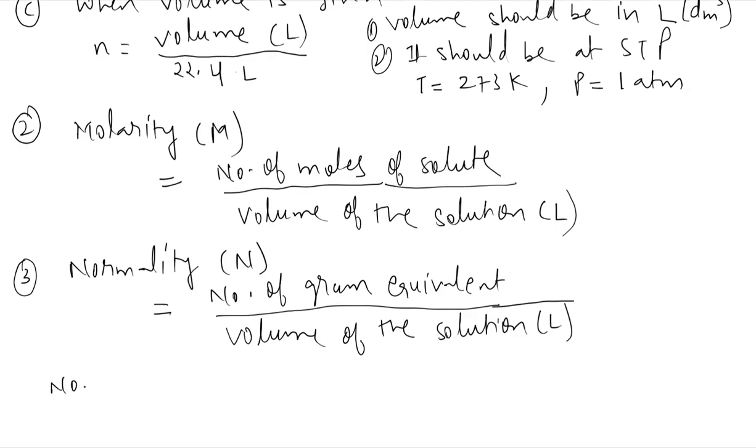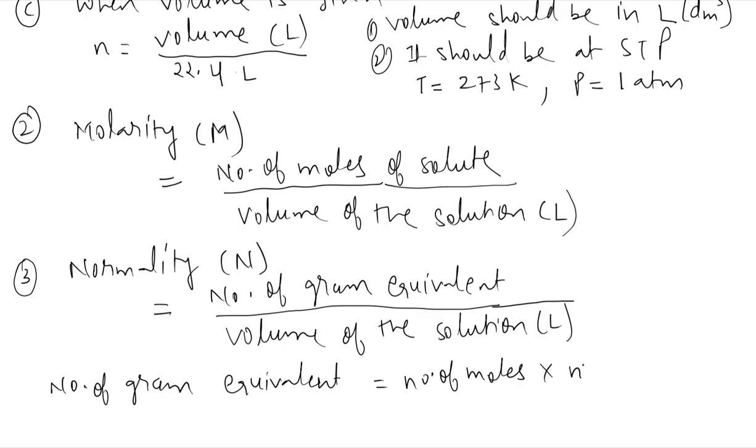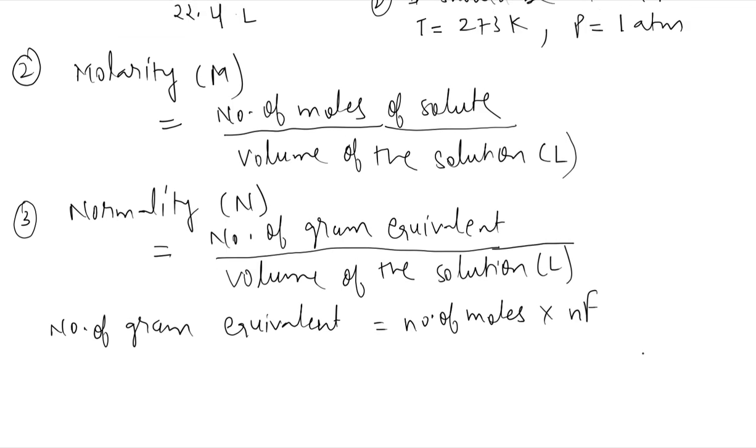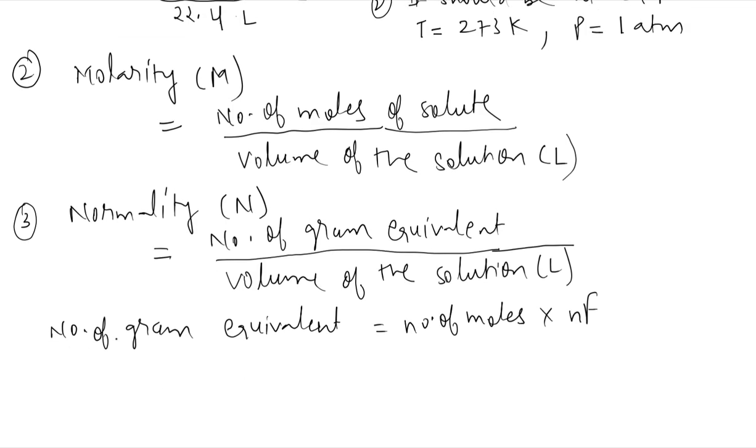Number of gram equivalent is given by number of moles multiplied by n factor, which is also called acidity or basicity of the acid and the bases. How to calculate the n factor, what is n factor, all this information you can get in the previous videos. All right, so this is the relation.